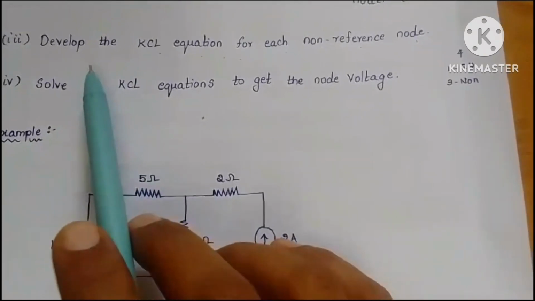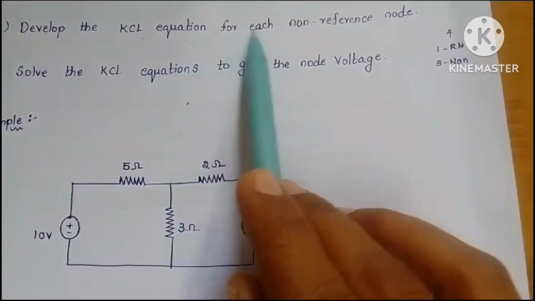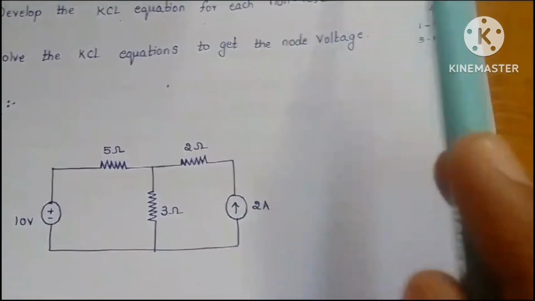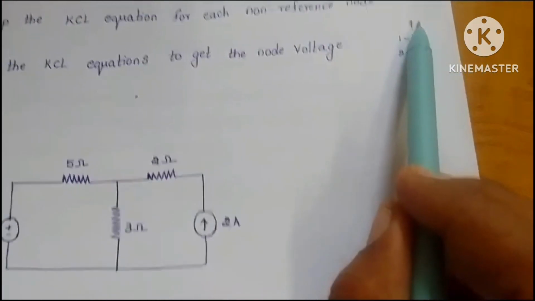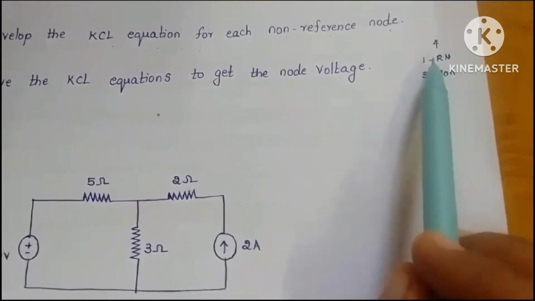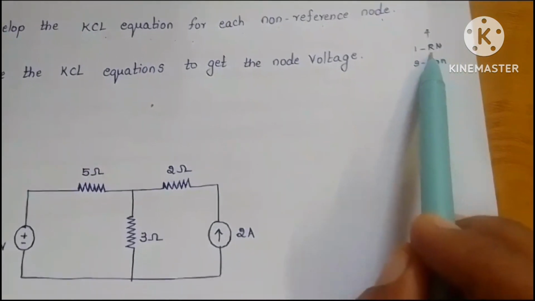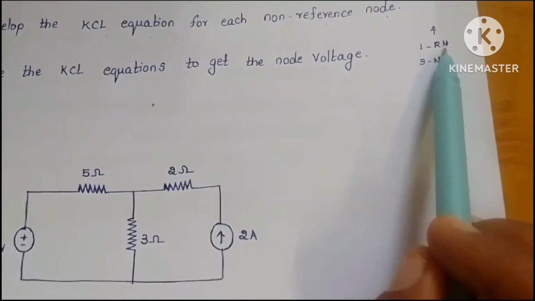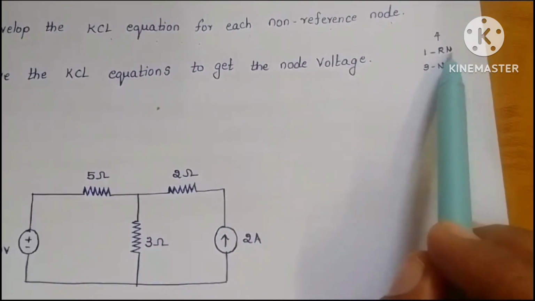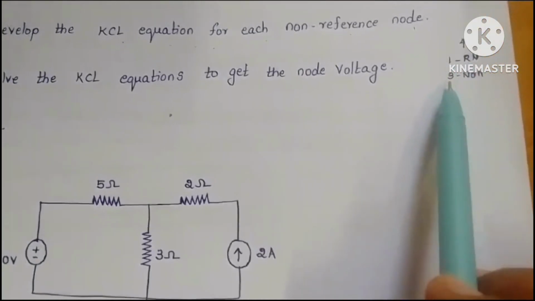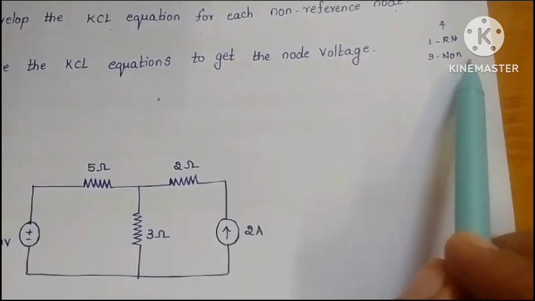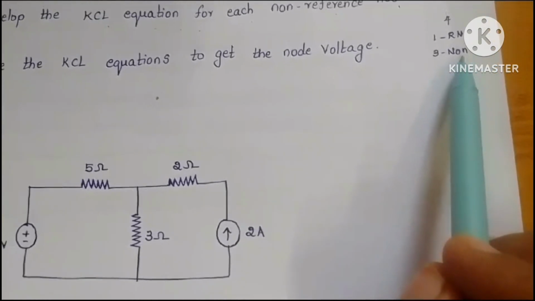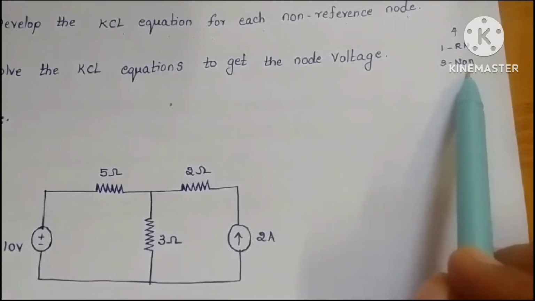Step 3: develop the KCL equation for each non-reference node. Suppose we consider 4 nodes present in the circuit, one node is taken as a reference node and its voltage is assigned to be equal to 0 volts. The remaining 3 nodes are known as non-reference nodes, for which we are going to write the nodal equations.